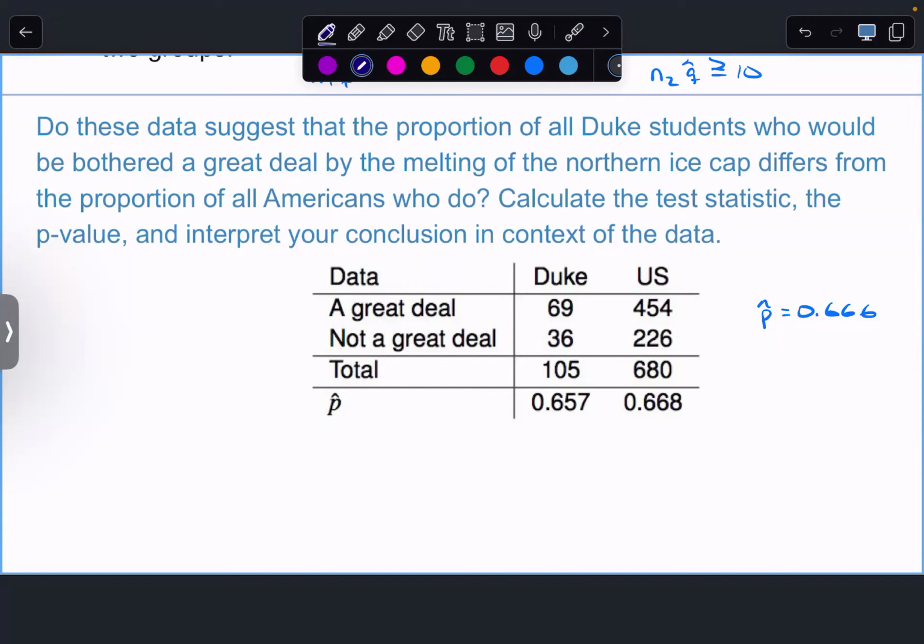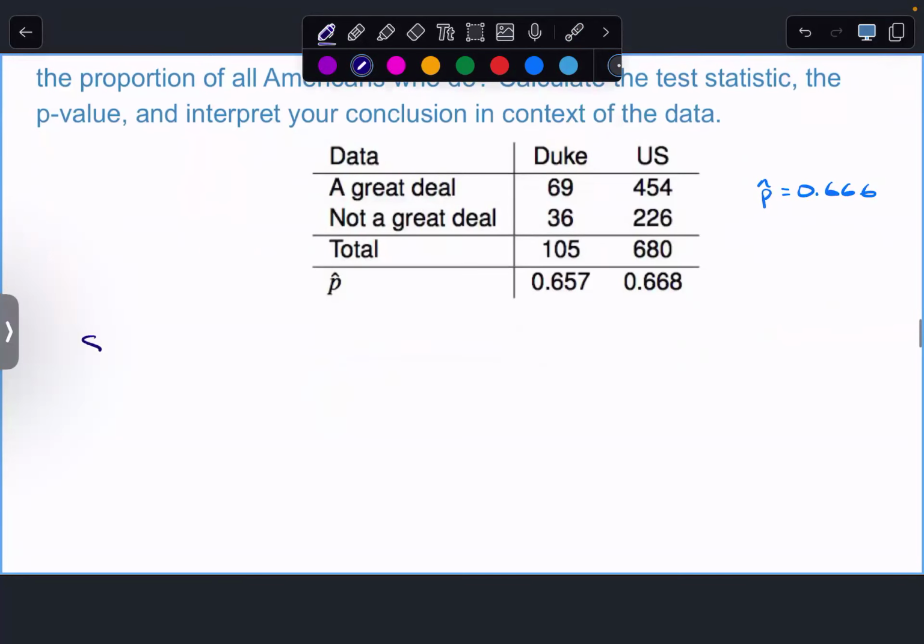Okay. And so do these data suggest this, right? Is there evidence of this? That means it's a hypothesis test. So step one, state the hypotheses.